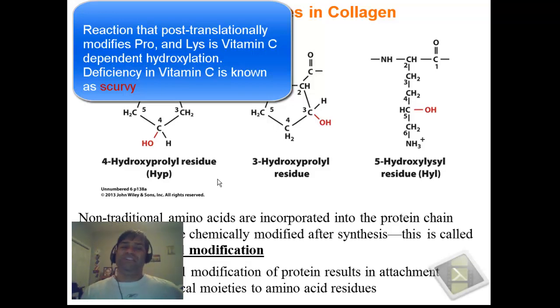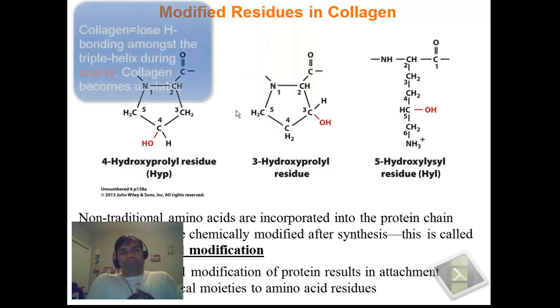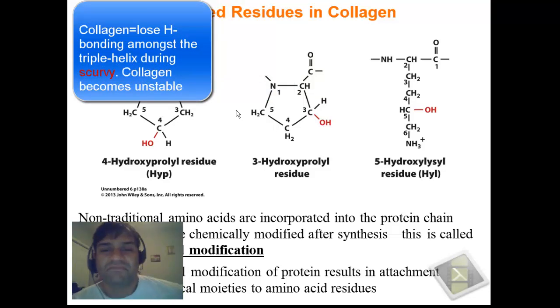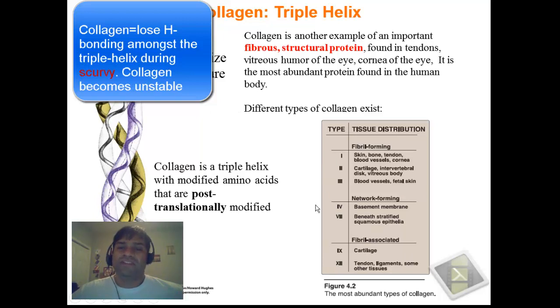And so deficiency in vitamin C actually causes scurvy. Without vitamin C, you lose the ability of that reaction to hydroxylate these residues, and automatically you lose the integrity of collagen. Hence, you lose that triple helix vibrancy. You notice how collagen is involved in all these different forms: blood vessels, membranes, ligaments, and maintenance.